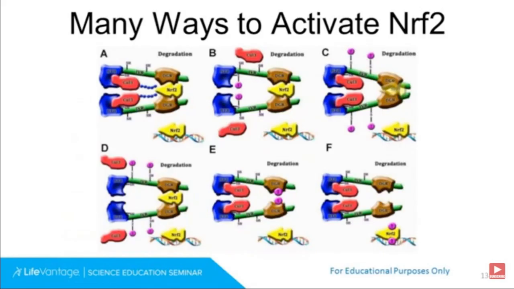Now, there are several different compounds out there that can activate Nrf2. And there are several different places in the Nrf2 pathway that you can activate it. And this slide is to just remind me to tell you that there are so many different attachment points for things to cause an effect on Nrf2, either increase its activity or decrease its activity. And most synthetic drugs that are Nrf2 activators work on one specific part of the pathway.